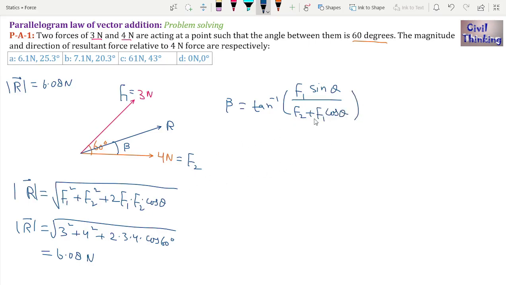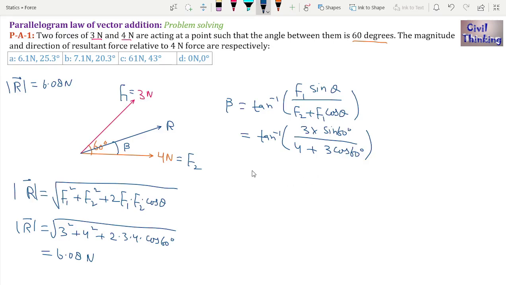If you are wondering where this came from, please watch the video lecture on parallelogram law of addition of vectors. When you put the values, you get 3 multiplied by sine 60 degrees divided by F2, which is 4 Newton, plus 3 cos 60 degrees, that is F1 cos theta, where F1 is 3 and theta is 60 degrees.